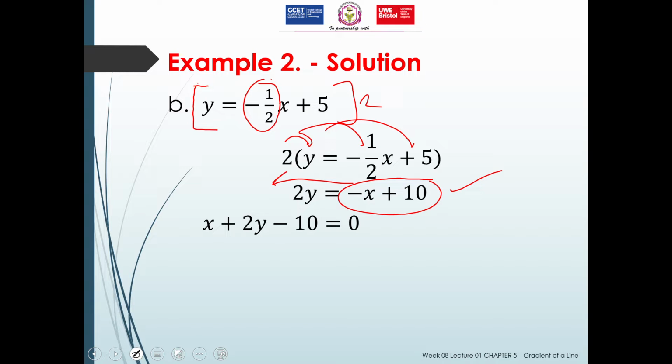So the resulting general form of the equation is now x plus 2y minus 10 equals 0. So here you will get a equals 1, b equals 2, and c is equal to negative 10.